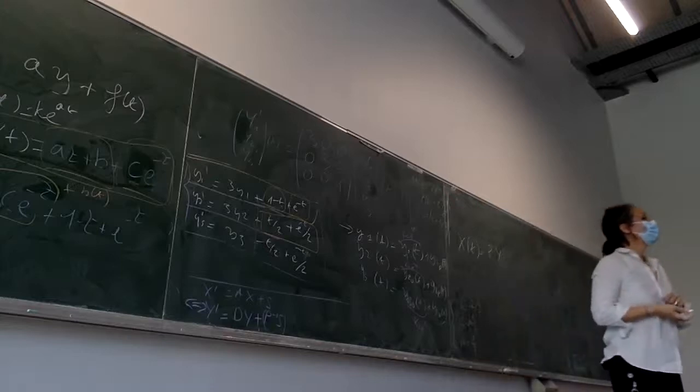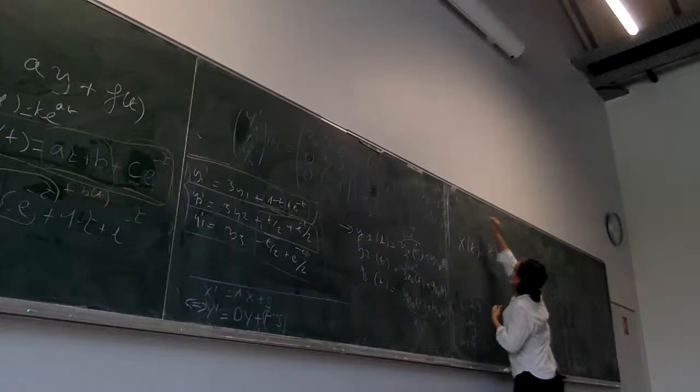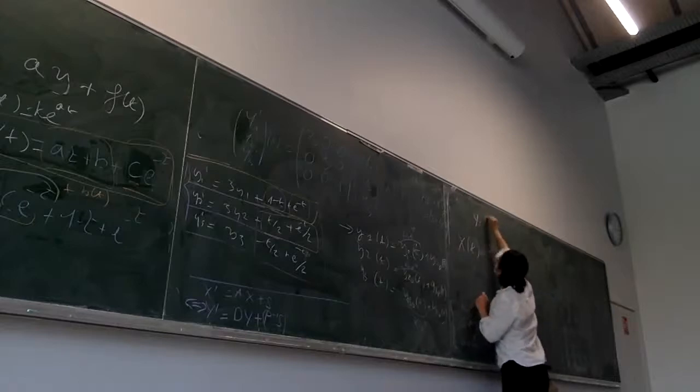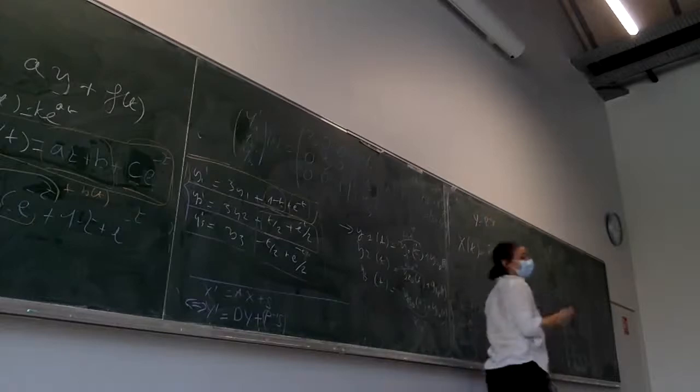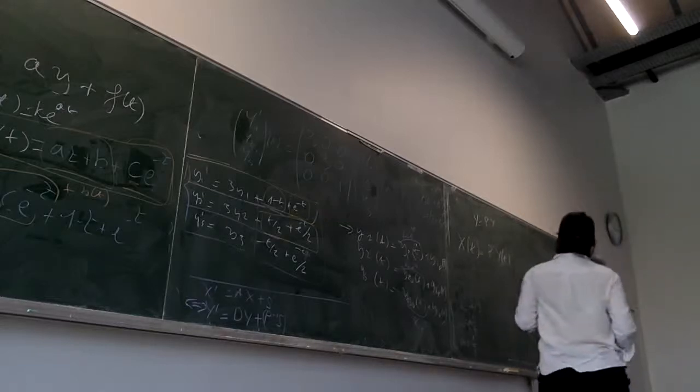This one, okay? Y was defined as p minus 1 times x. This is what we defined earlier. So x is just p times y.